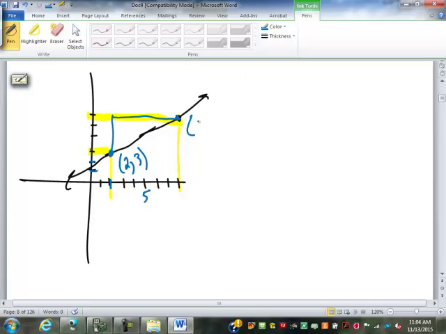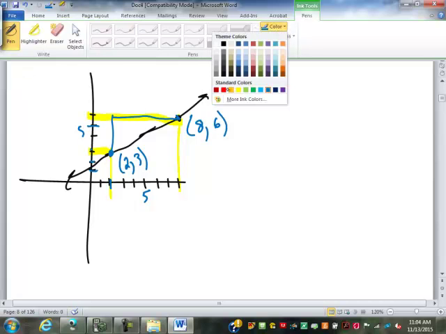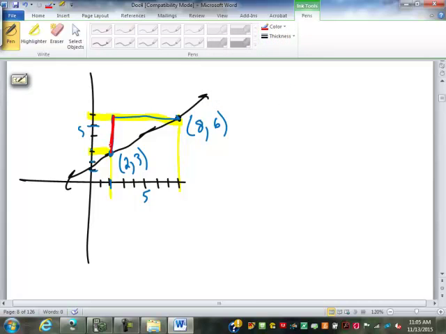It's 5. So it's at 8, 6. Perfect. So if we're looking at this, how much does it rise here? It rises 3. Very good.